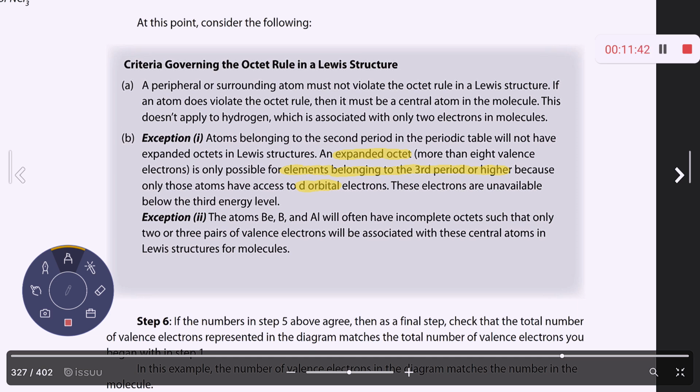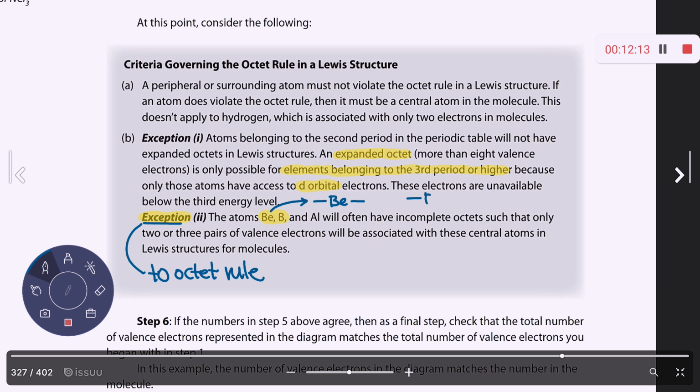So the other thing is there are exceptions to the octet rule. I will be marking those as we move throughout, but I'd like you to know that beryllium and boron are exceptions. Beryllium only wants to have 2 bonds coming off of it at any time, and that's because it only has 2 electrons to share.